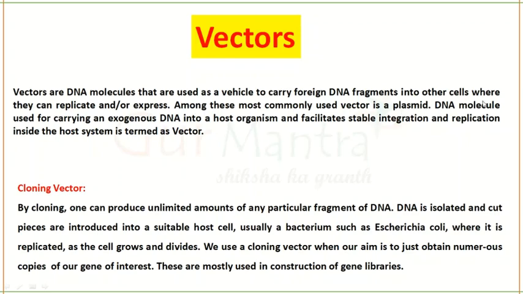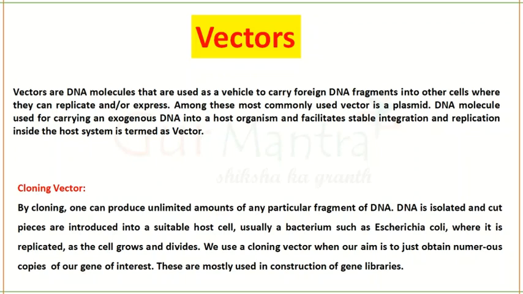A DNA molecule used for carrying an exogenous DNA, exogenous means foreign DNA, into a host organism and facilitating stable integration and replication inside the host system is called a vector. So what is a cloning vector? By cloning, one can produce an unlimited amount of the same DNA fragment.